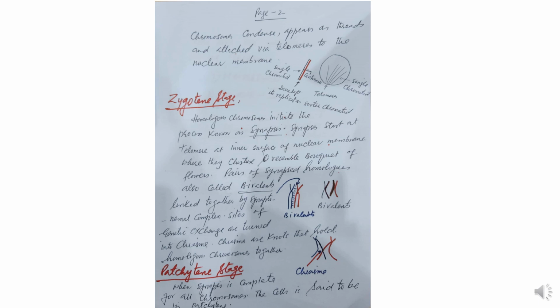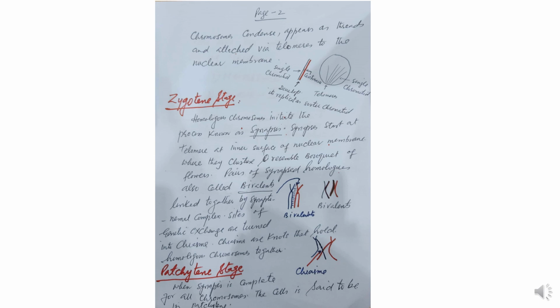They make a pairs. How many total pairs are formed? 23, because the total number is 46 chromosomes. When two chromosomes form a pair, the total becomes 23. Individually they are 46, but when they form pairs like this, they become 23 pairs or bivalents.